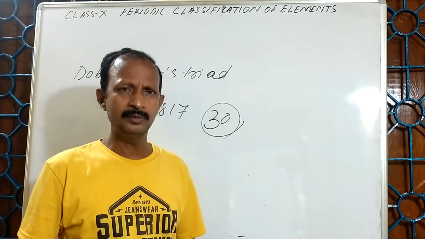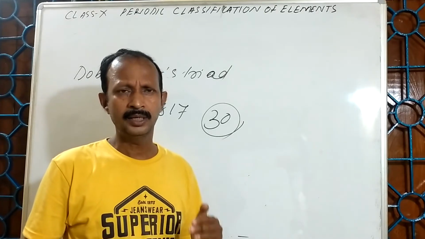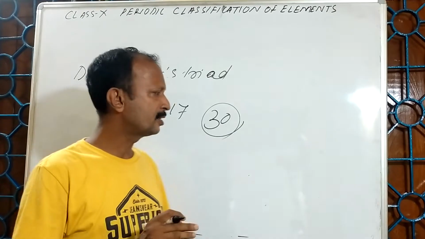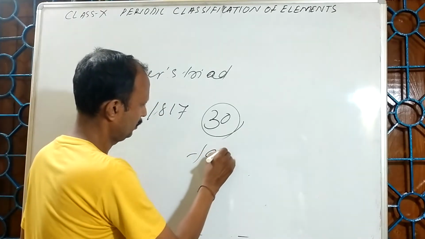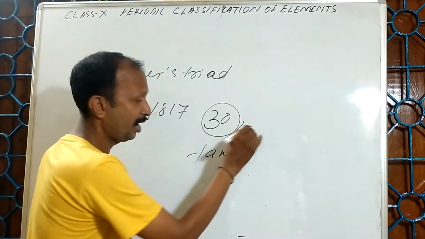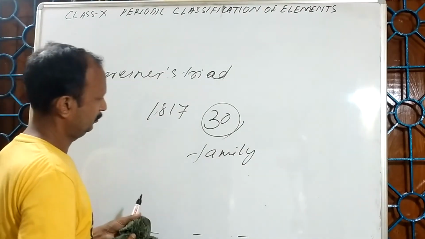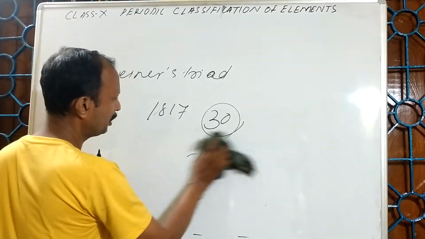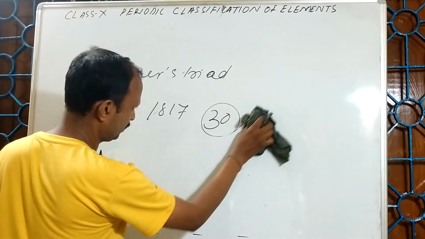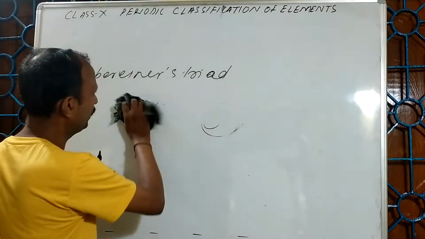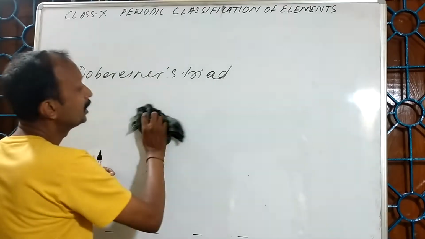During that time, they used to say that a group is a family. So, the first remarkable attempt was made by German scientist Dobereiner.